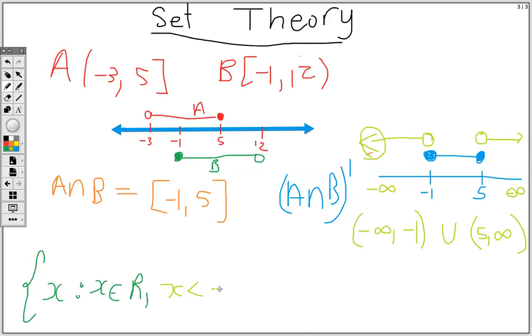So X is less than -1, or the next side, take the arrowhead. So we're going to have X is greater than 5. Just remember, we have strictly less than and strictly greater than, because -1, it's open.